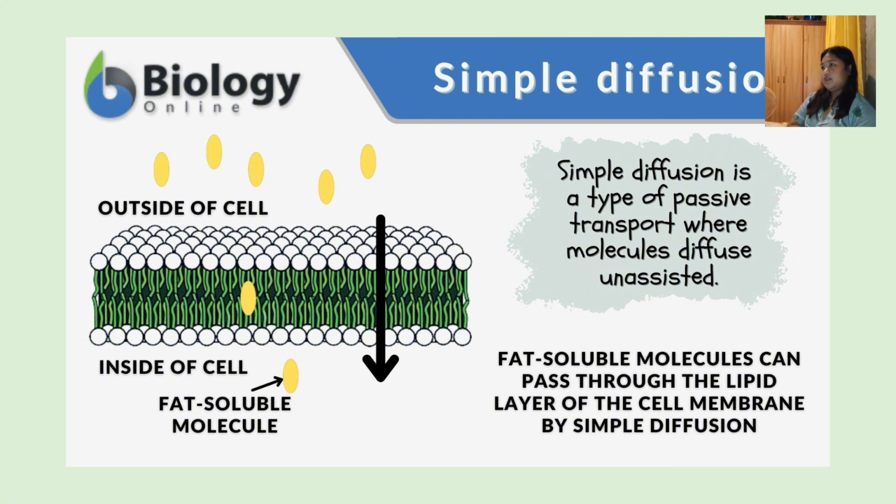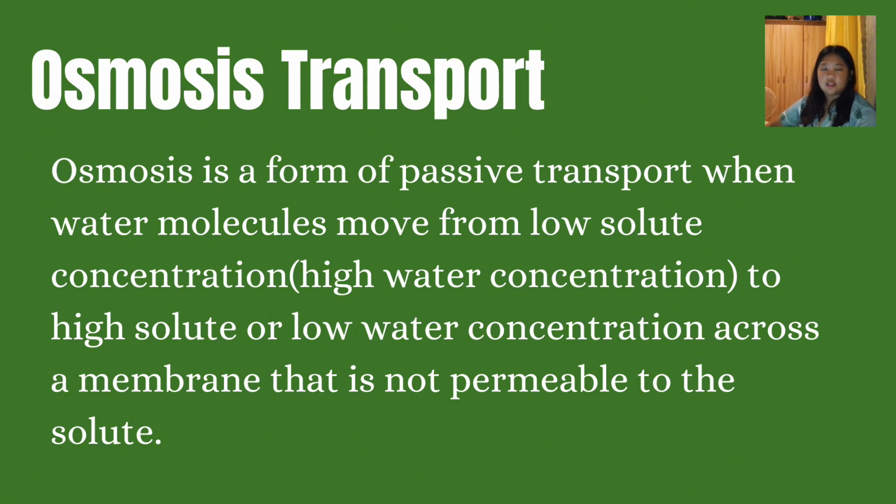So simple diffusion is a type of passive transport where molecules diffuse unassisted. The molecules that go through the cell membrane in this transport don't need assistance. So here, let's come to osmosis transport.